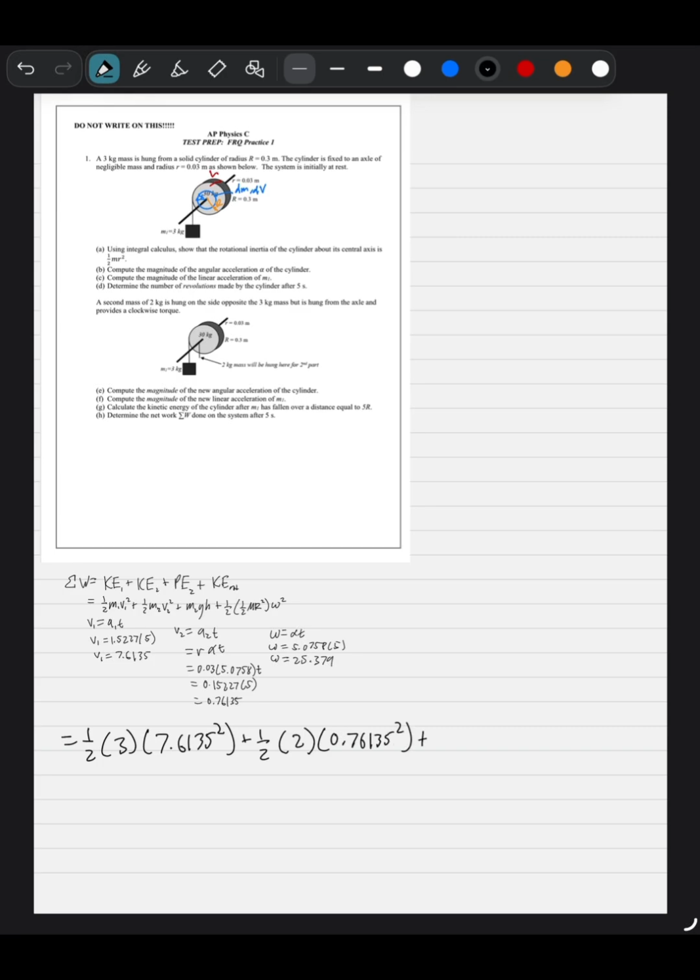Oh, we didn't find h. To find h, since acceleration is constant, we can use the kinematic form. But a smarter choice would be using this because time is already given. And our a is the same as a2 because only the 2 kg is gaining height.